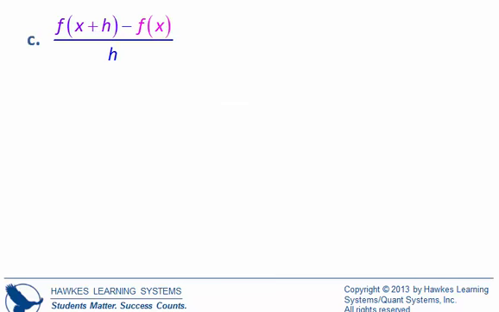And finally, and this one is probably a little more difficult, we want to evaluate our function at f of x plus h minus f of x, divided by h. So remember that your function is 3x squared minus 2. All right, so let's begin with the x plus h. So we're going to rewrite our function, and when we come to an x, we're going to replace it with x plus h.